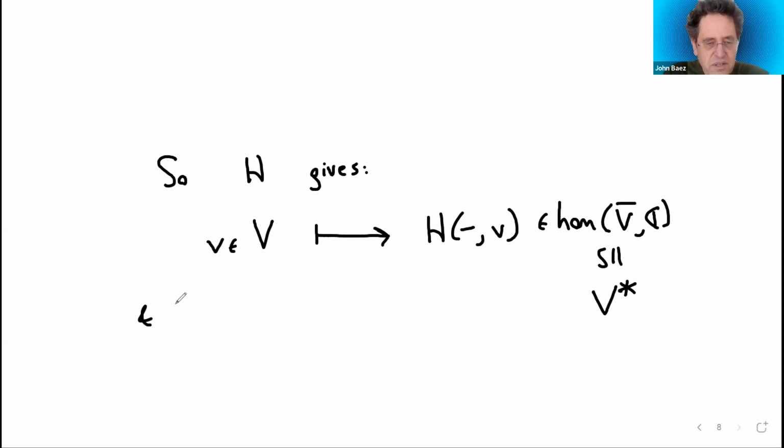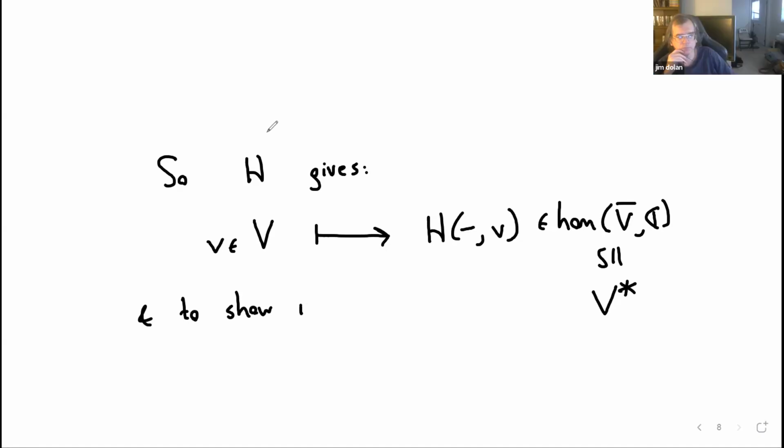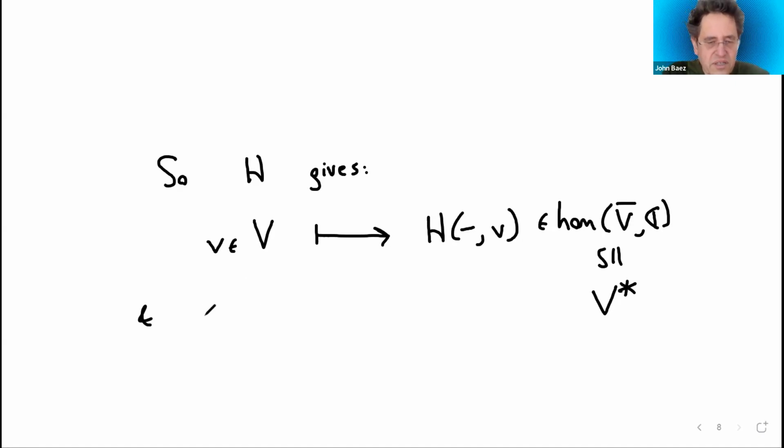I'm going to be very slow, so I won't attempt to skip any steps. So we get this map from V to V dual.